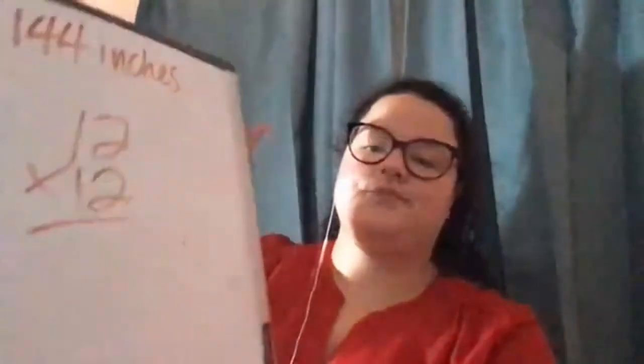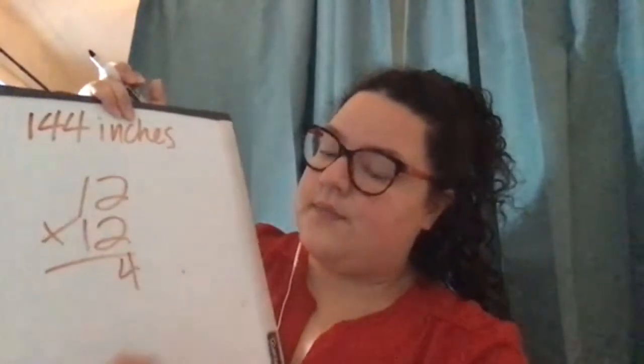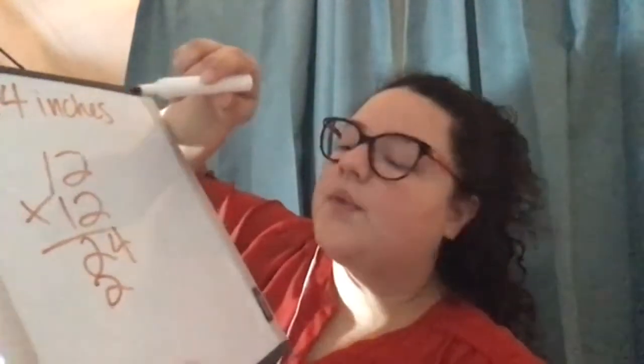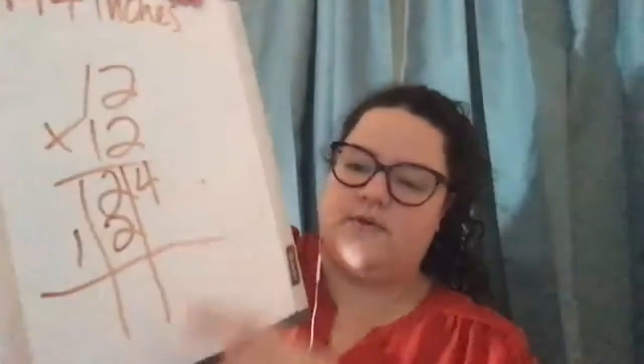Twelve times 12. 2 times 2 is our 4. 2 times 1 is our 2. 1 times 2, 2. And 1 times 1, 1. Remember, it's very important that we line up those place values.